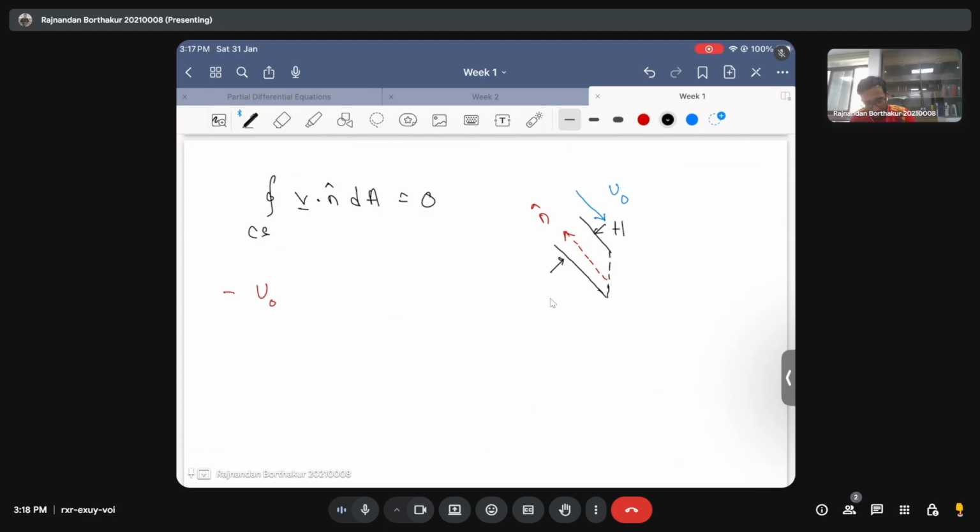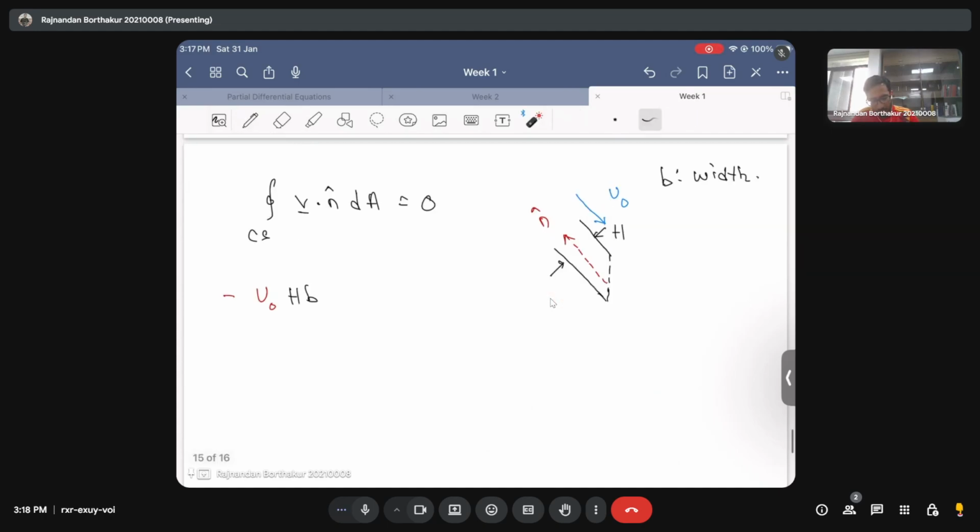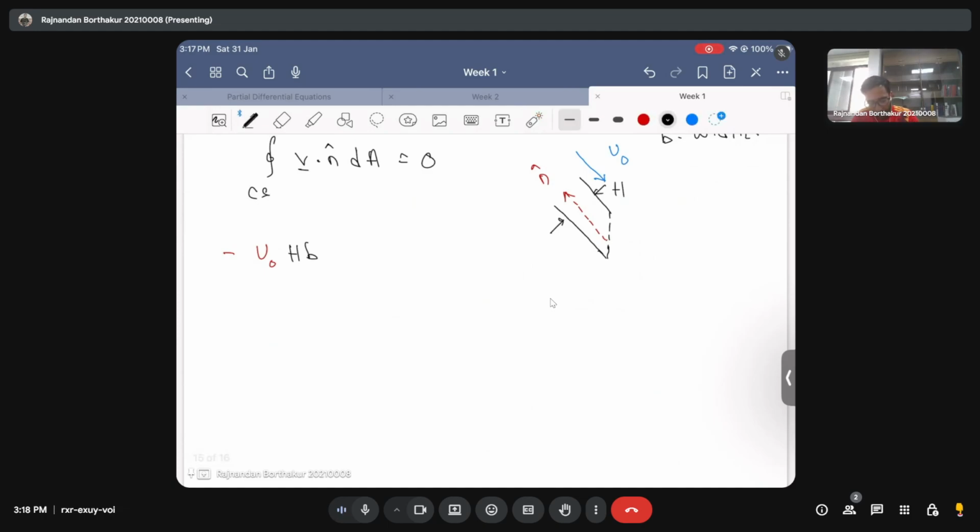So this is going to be u naught times h times b, where b is the width of the pipe. You can think of it like a uniform flow taking place between two channels. Think of inlet 1 as this. So this is what happens at inlet 1.